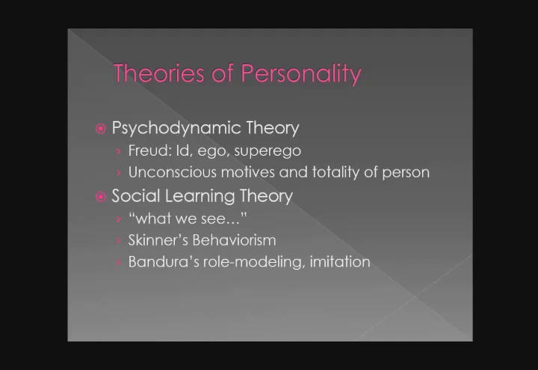If you look at Skinner or Bandura, these individuals tend to be associated with what we call social learning theory. The idea is that we model or imitate behavior that we see in other individuals, and that is then incorporated, encoded, and internalized into the personality of the individual.